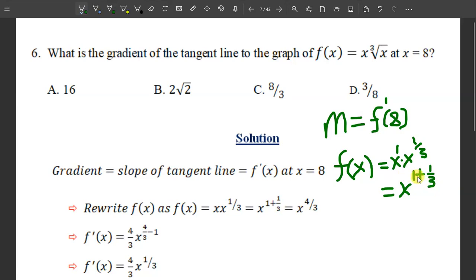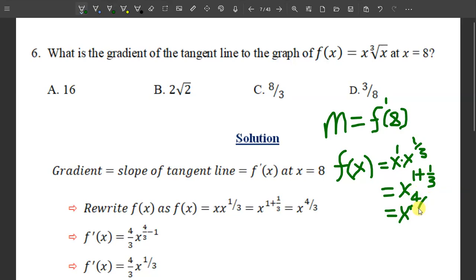Adding 1 plus 1 over 3 means multiply 3 by 1, we have 3, add 1 to 3, which is 4. Therefore, our f of x can be written as x to the power of 4 over 3.